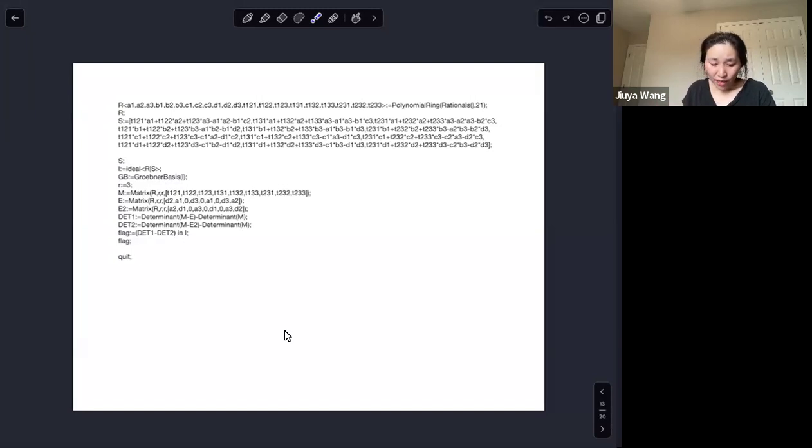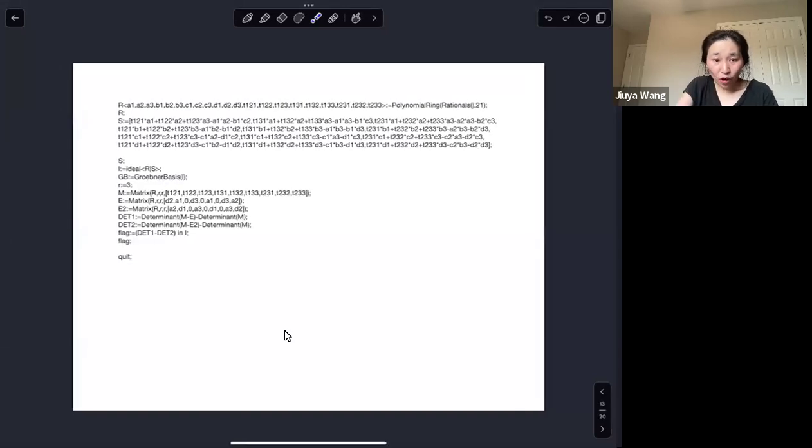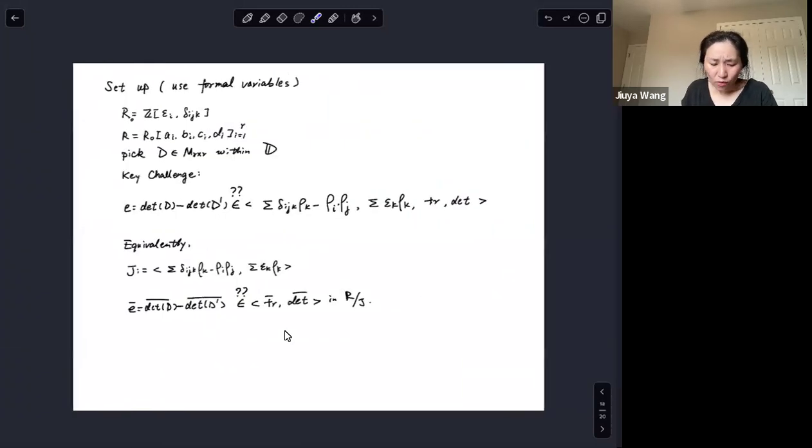this is exactly what we call the formal variables in our paper. So starting from this moment, you can completely forget about the Galois representation and the Hecke algebra and just do some commutative algebra.